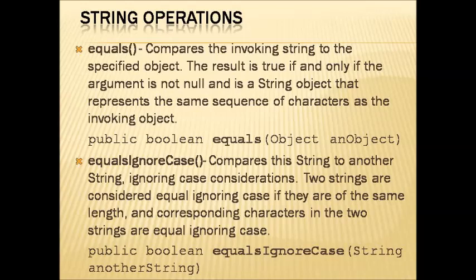It is used for comparing 2 strings. In the case of equals, it will return true if and only if the strings are the same. In the case of equalsIgnoreCase, it will return true, ignoring the case of the characters used in the string.